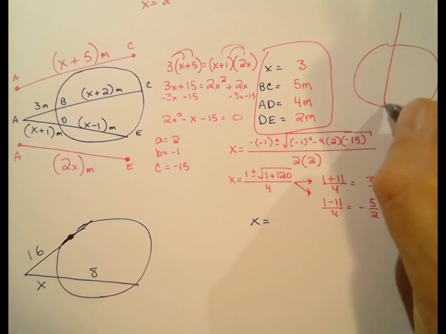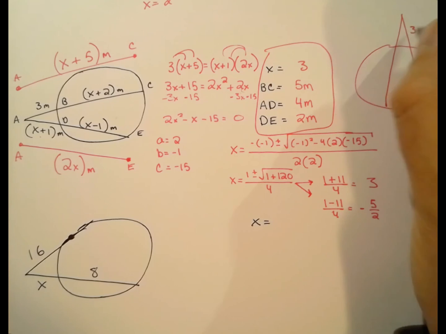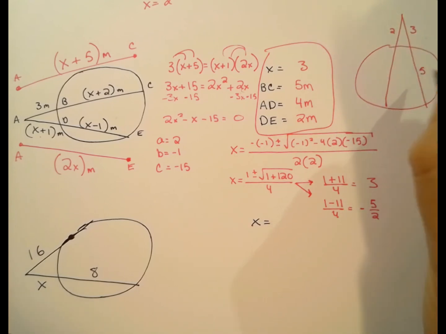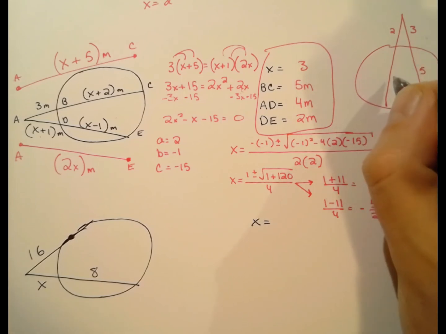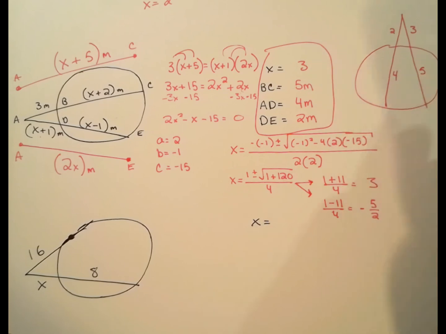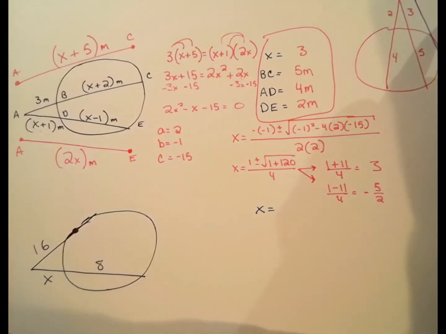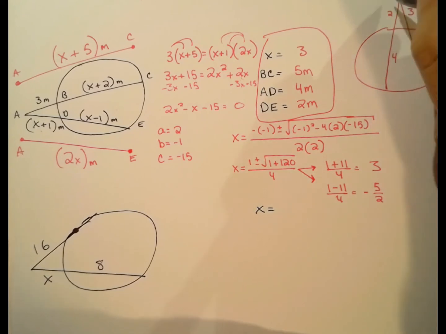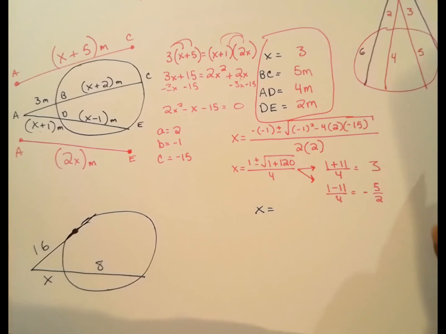Ooh, this is not drawn to scale at all. So we got a 3, a 2, a 5, and 4. This whole thing is 8, and this whole thing is 6.